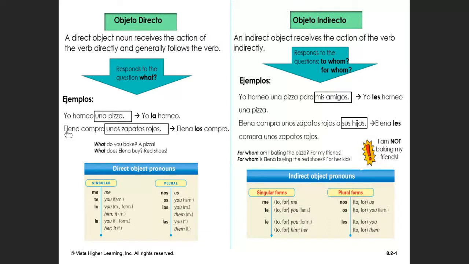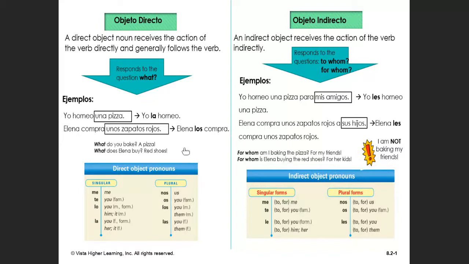okay? So here we have Elena compra unos zapatos rojos. How can I replace unos zapatos rojos? Let's look. Again, it's not me, it's not you, te, it's not lo, it's not la, because zapatos rojos is plural. So it is going to be on this side, and it is going to be here.